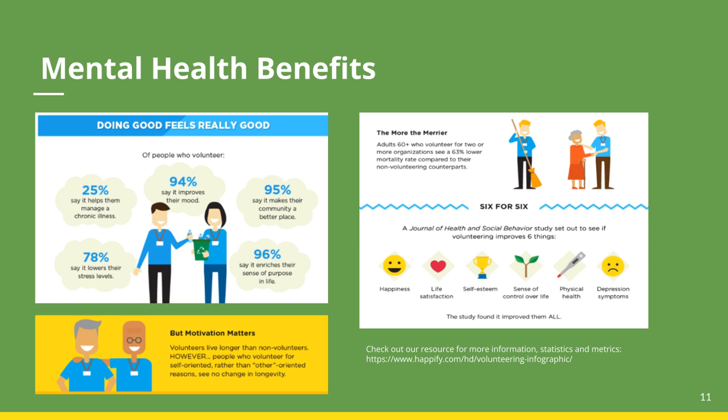You'll see that the Journal of Health and Social Behavior looked at these 6 different areas to see how they were impacted by people who were volunteering, and pretty much across the board, everything increased people's mental health, happiness, life satisfaction. So many different areas. In the moment, when people are volunteering, they may or may not recognize how much value they'll feel through volunteering, but the mental health that comes from that.